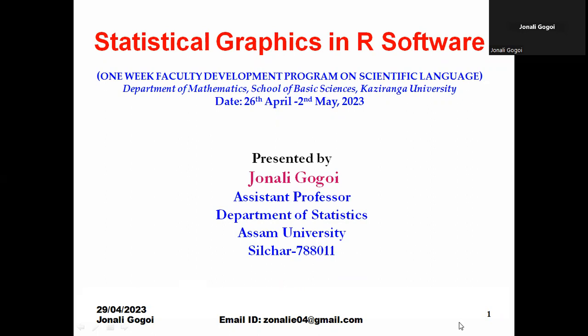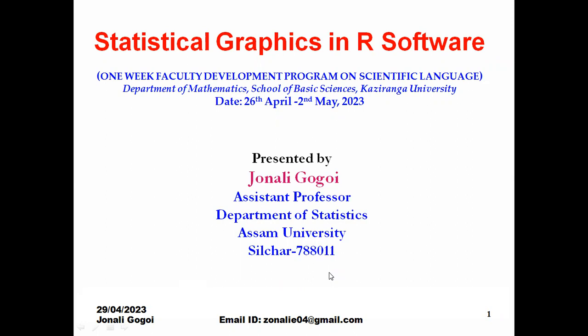Basically, there are two ways in which numerical information can be presented. One is graphical or diagrammatic representation, and another is tabular representation.